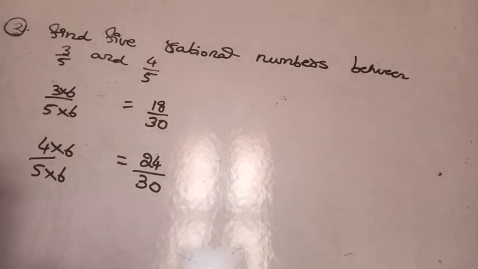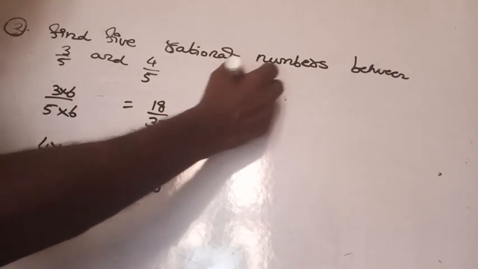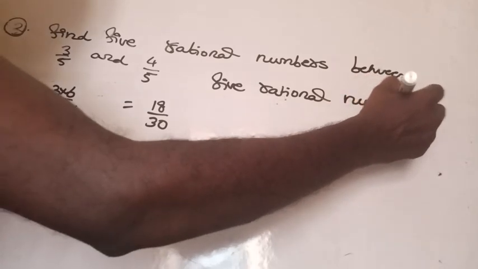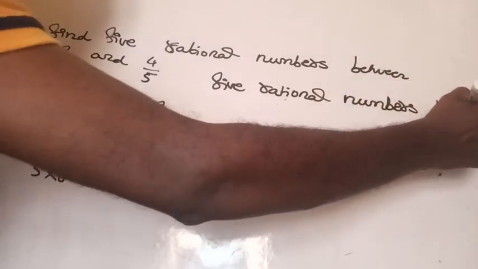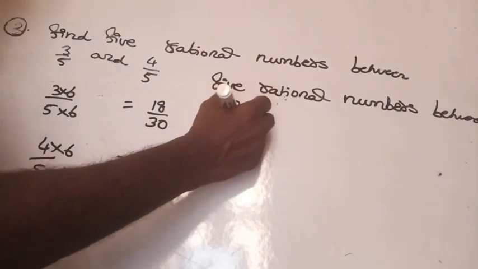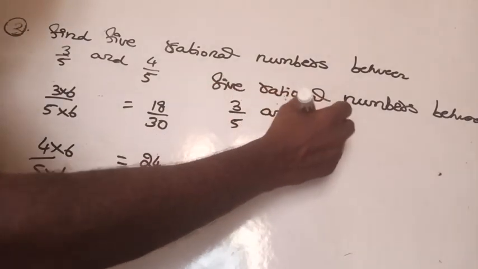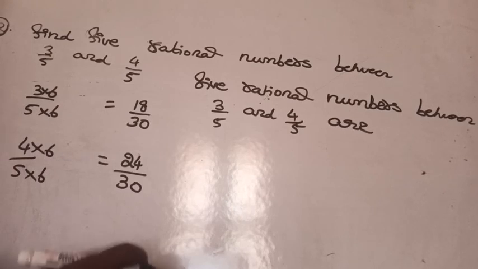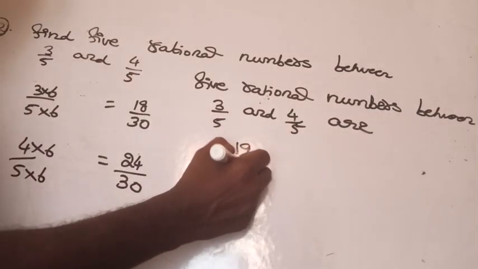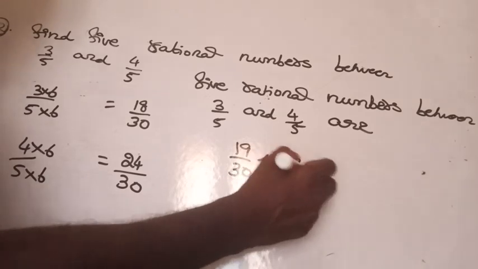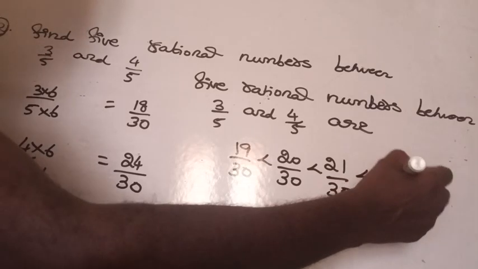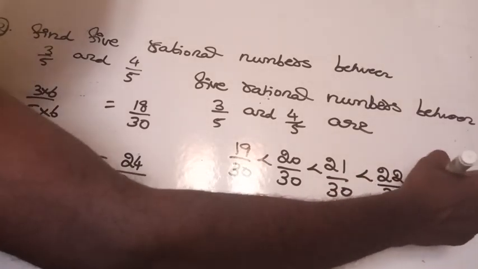What are they? The 5 rational numbers between 3 by 5 and 4 by 5 are 19 by 30, less than 20 by 30, less than 21 by 30, less than 22 by 30, less than 23 by 30.